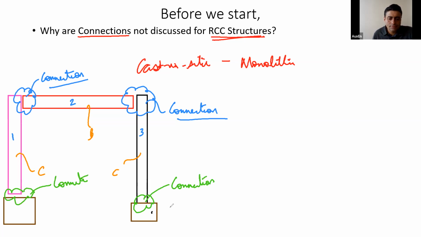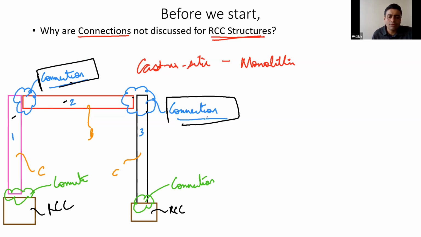You will notice there are two families of connections. Between 1 and 2, both were steel elements, but because they were different elements, I had to connect them using a connection. Also between 2 and 3, both were steel, but I had to provide a connection.